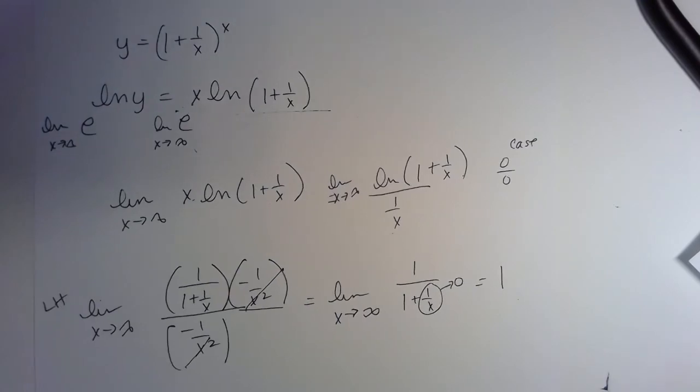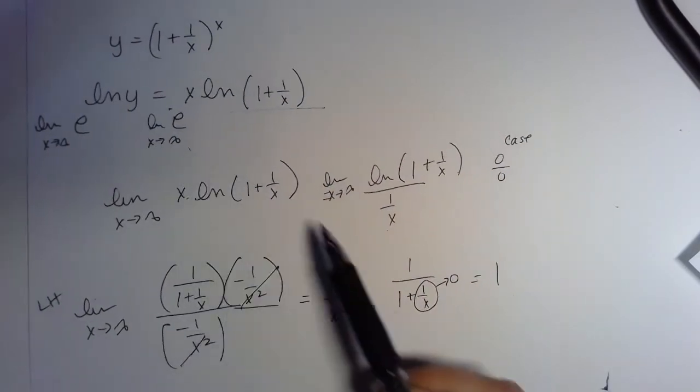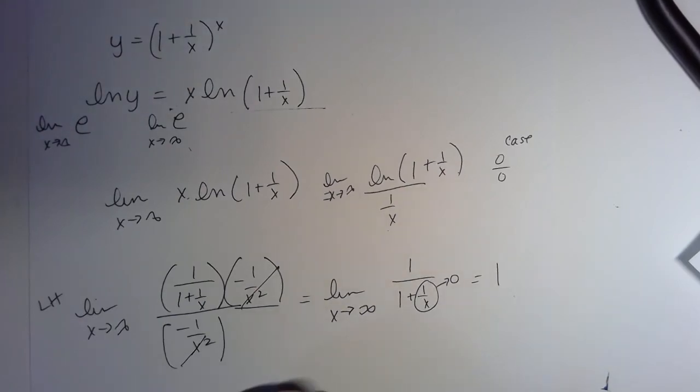So basically, I have e to the natural log of y, limit as x approaches infinity, is equal to e to the power, and remember this whole thing we just showed was 1. So we have e to the first.